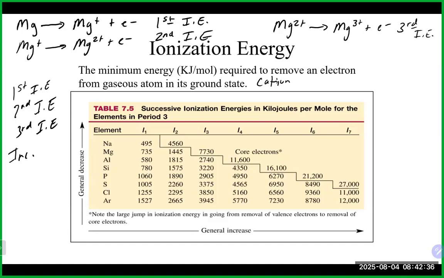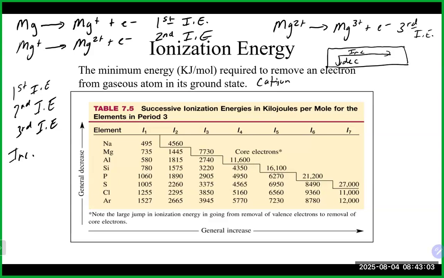It takes more and more energy to remove an electron. In general, on the periodic table, the first ionization energy increases as you go up and to the right and decreases as you go down and to the left. So first ionization energy increases to the right, decreases to the left.